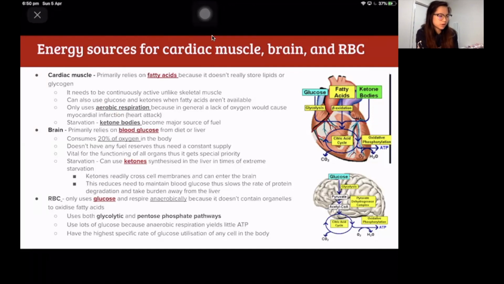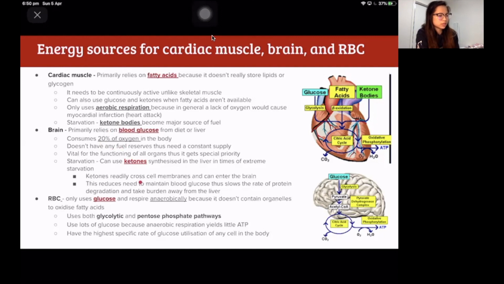So the brain primarily relies on blood glucose. It consumes 20% of oxygen in the body. And it doesn't have any fuel reserves at all, thus it needs a constant supply of this glucose. And since, as you can probably guess, the brain is important for the function of the entire body, it normally gets special priority in terms of the supply that it gets. And in starvation mode, it can use ketones like the heart.